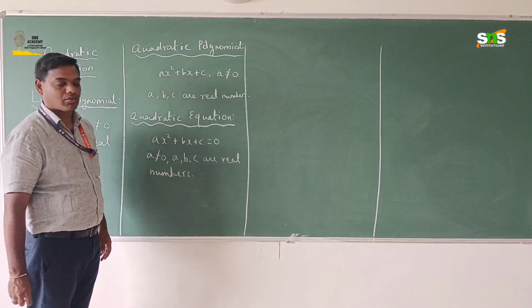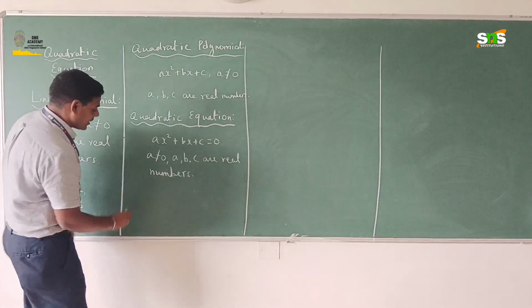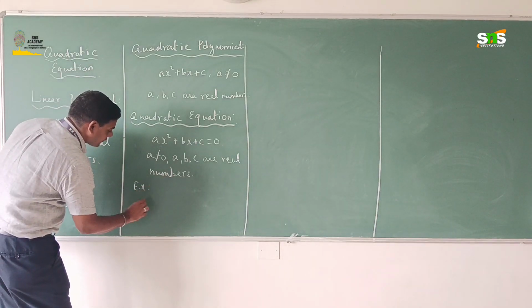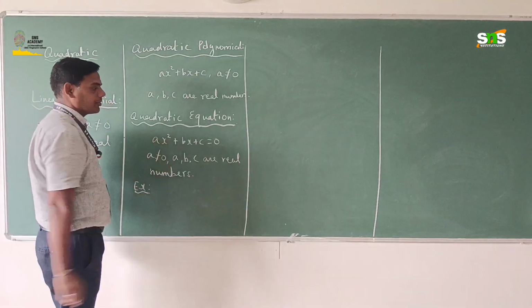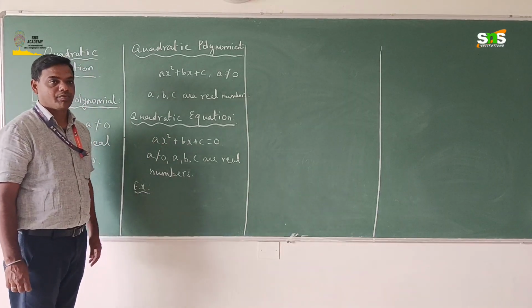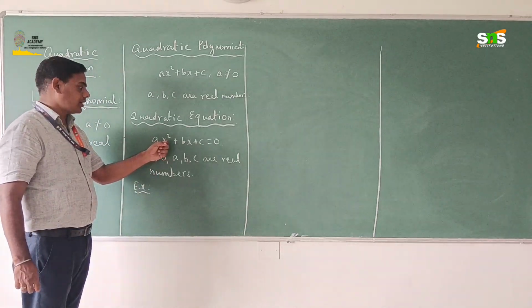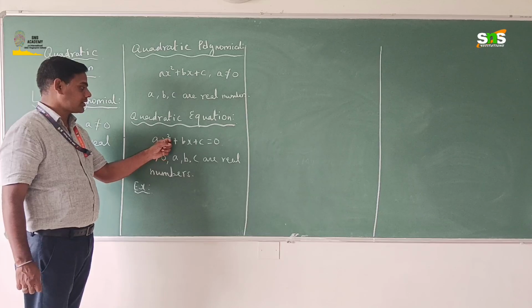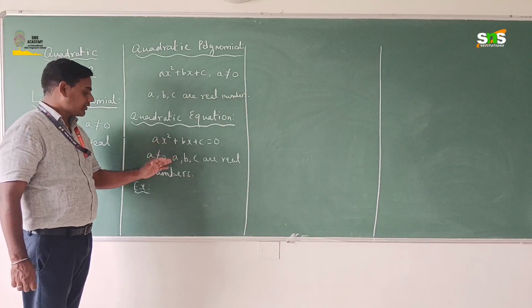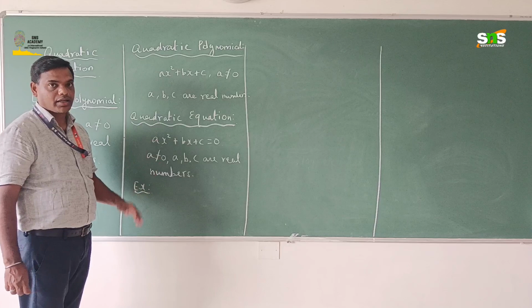The power of the equation should be 2. So the degree of this quadratic equation is 2, and because of that we say this is a quadratic equation.